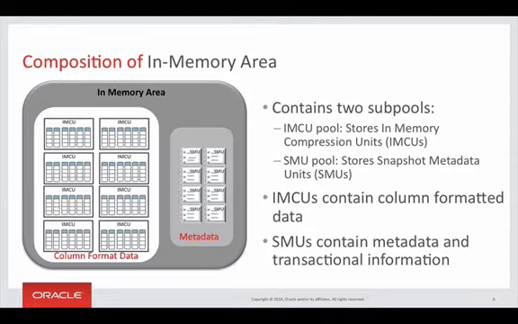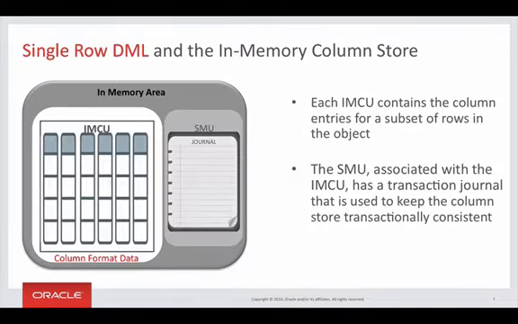The IMCUs, remember, are the in-memory compression units. They hold the actual data from the tables that have been populated into memory. The SMU pool, on the other hand, stores snapshot metadata units, or information about what's going on with the data that's stored in the column format.